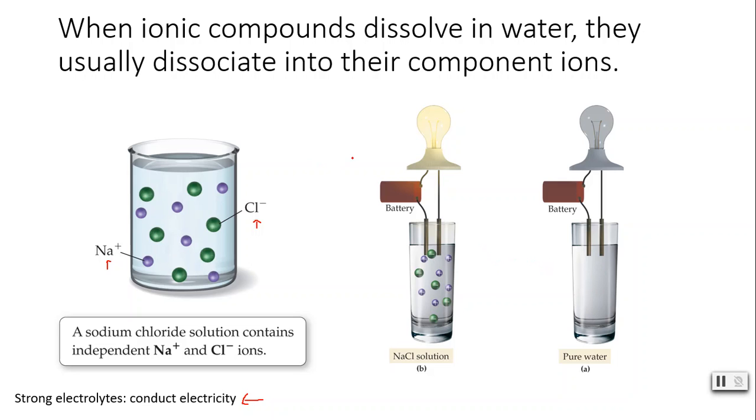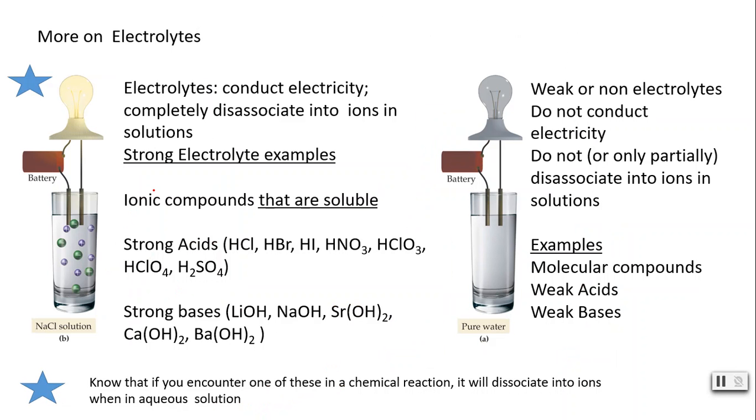So, ionic compounds that are soluble dissolve into their constituent ions. They produce solutions that are strong electrolytes. So, ionic compounds are an important category of electrolytes, specifically strong electrolytes.